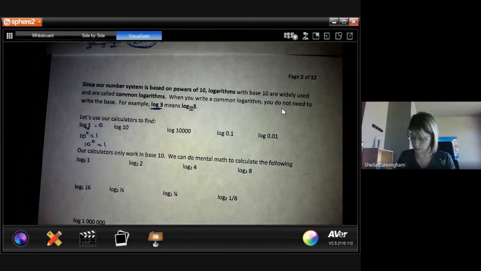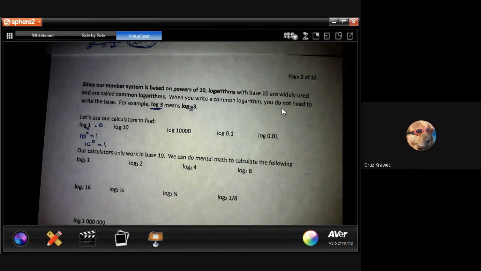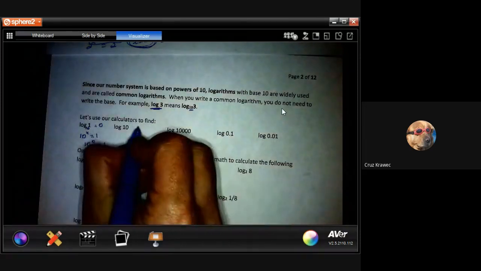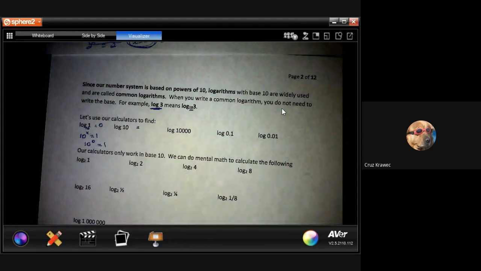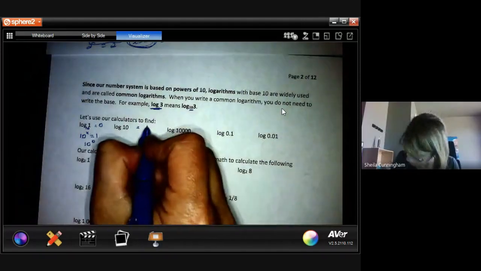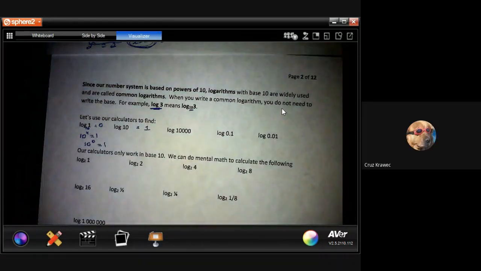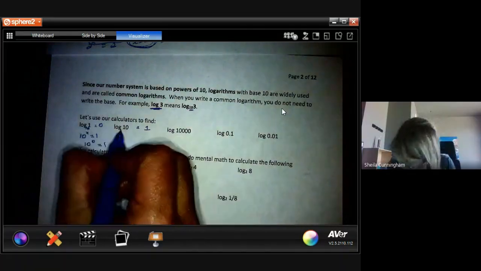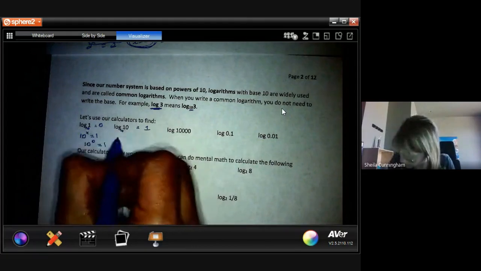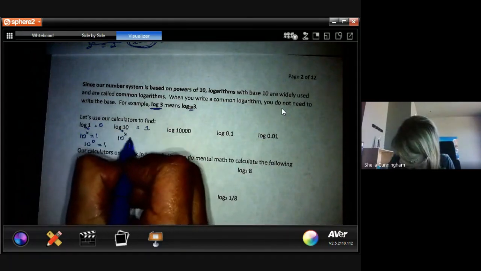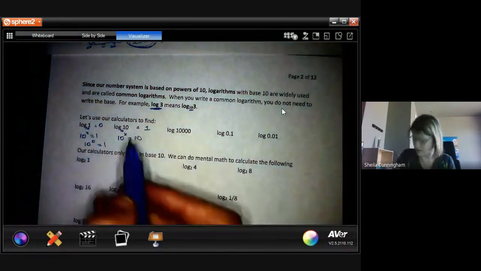So think about the next one. What did you get for log 10? Did you get 1 for the log of 10? I did. So think about it the same way. If this is a base 10, this is basically saying 10 to what power gives me an answer of 10?